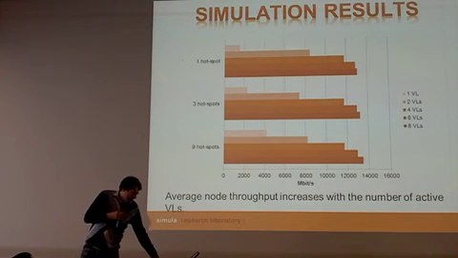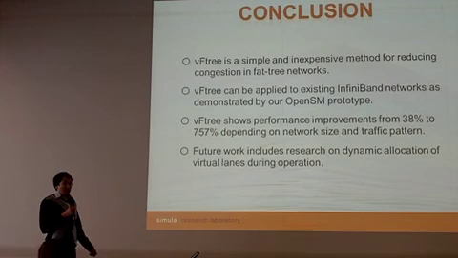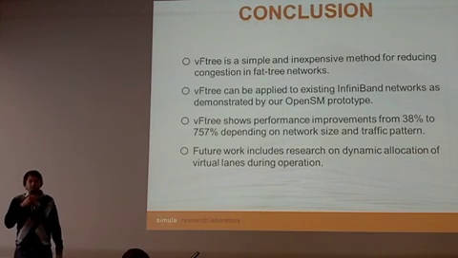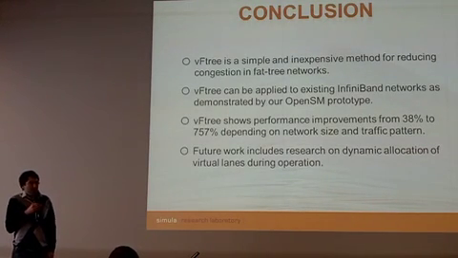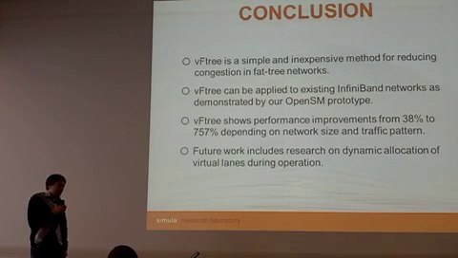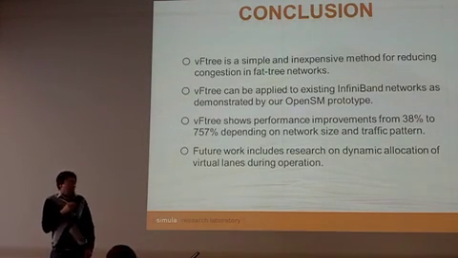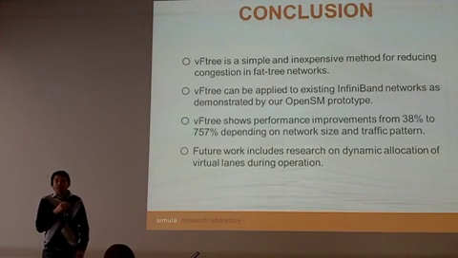So that's the conclusion. We have implemented this algorithm in OpenSM as a prototype and tested it in the lab as shown here. We have run a lot of different traffic patterns on this setup, both in simulations and in the lab. We generally see from this an increase in throughput from 38% to 757%.